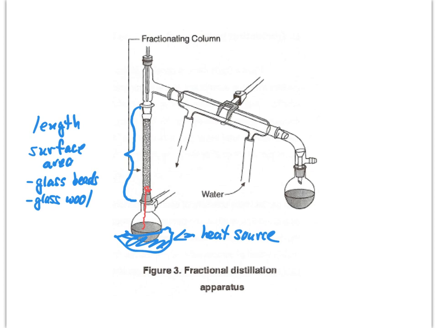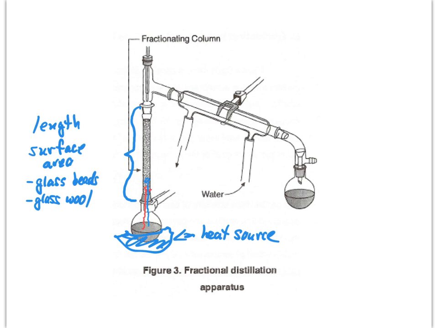But as it runs back down, it runs into more material that has been heated. And so it heats and it boils again. And then that condenses and begins to run back down.